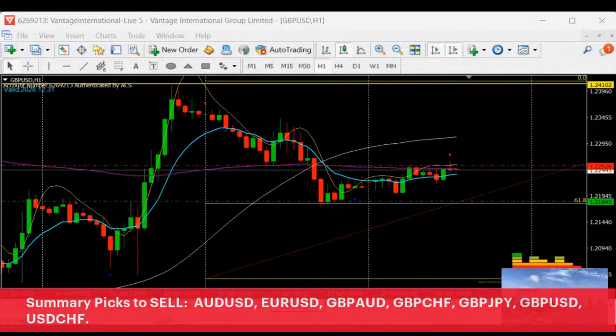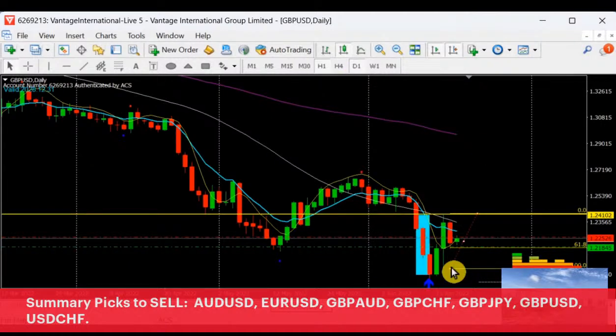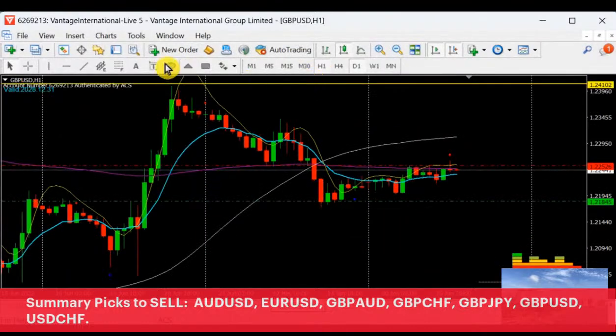Mark the Fibo on the 1 hour time frame from 1.2267 down to yesterday's low.